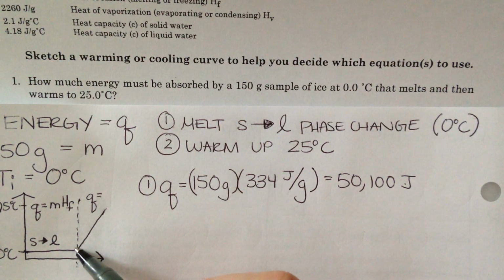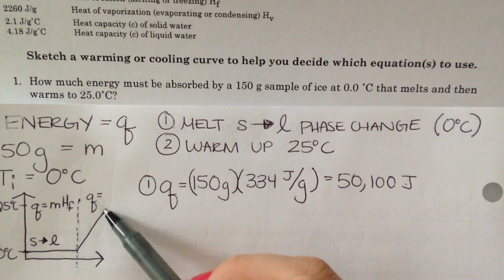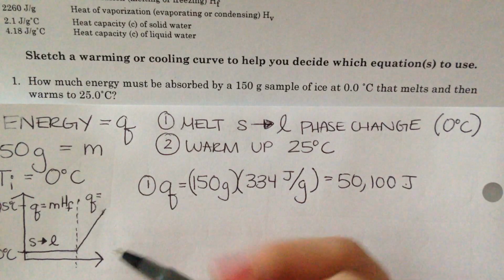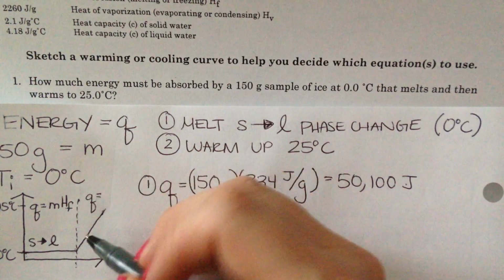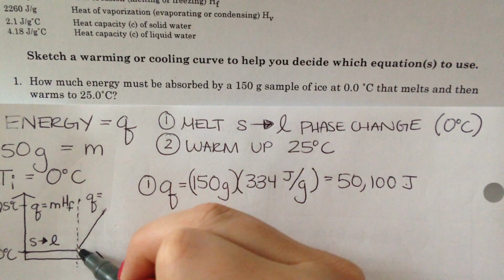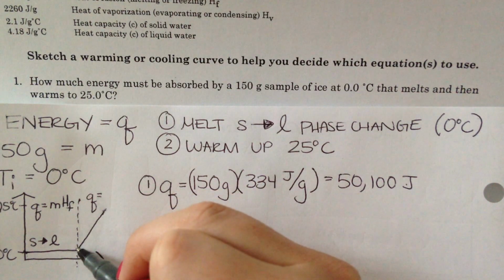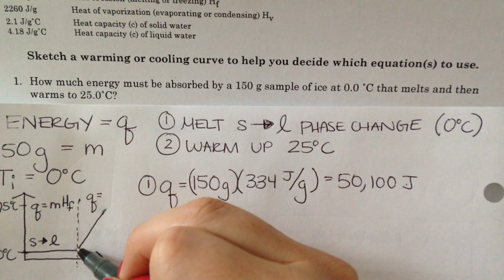We now have to find how much energy is needed to warm that liquid up until about room temperature. So since we have a temperature change from here to here, we have to use the equation that has a temperature change in it.